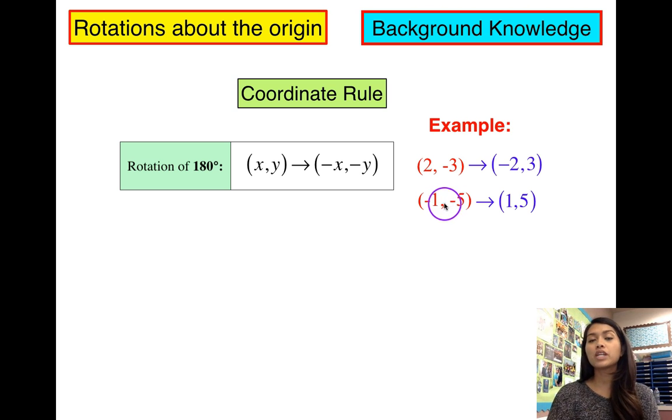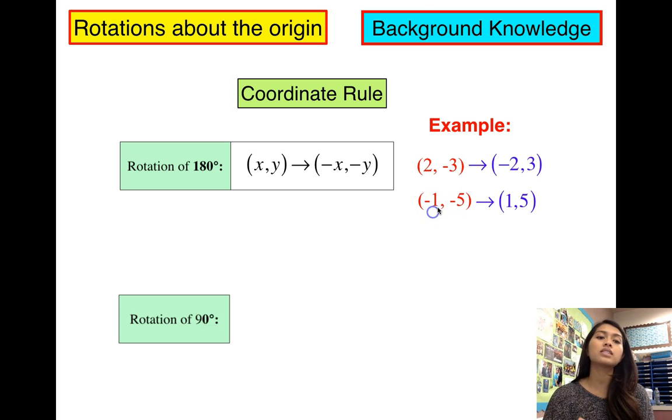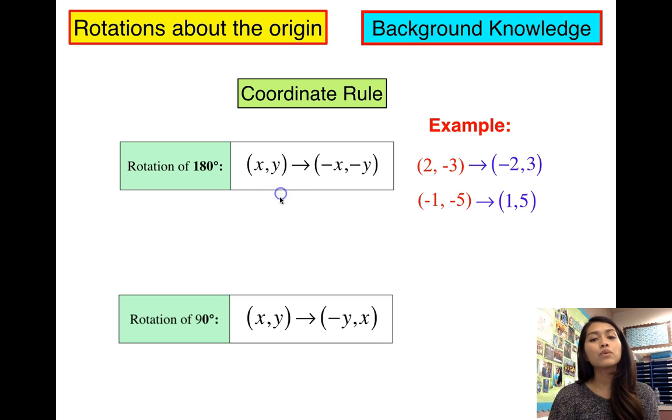Now the other type of rotation that we've also gone through is the rotation of 90 degrees counterclockwise around the origin. Forgot to specify that it is around the origin. That rule is you go ahead and switch the x and y values, and you also have to take the opposite of the old y value, which is the current new x value.